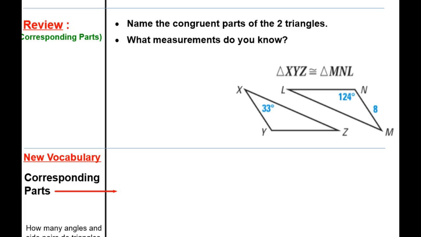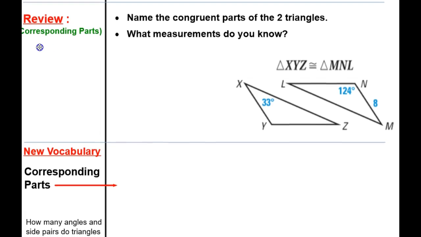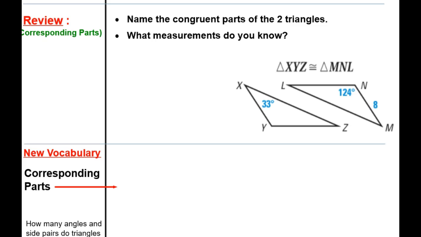The next part here, if we're just reviewing our corresponding parts, notice that the parts that match are in the same place. So if I look here, angle X and angle M are both in the first place. Angle X here is 33 degrees, so I can put 33 degrees down on the other side. Then angle N, the second one, goes in the same place as angle Y, 124.